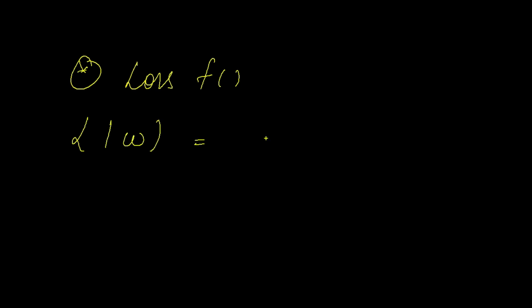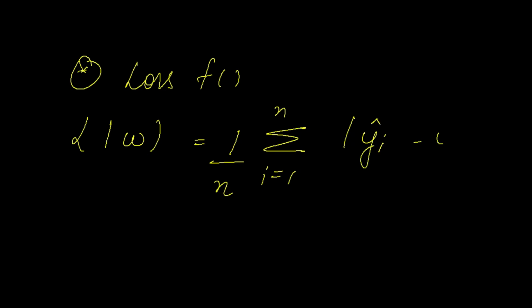The next equation is our loss function, that is L of w, which is the sum over i from 1 to n, 1 divided by n, (yi hat minus yi) whole square.